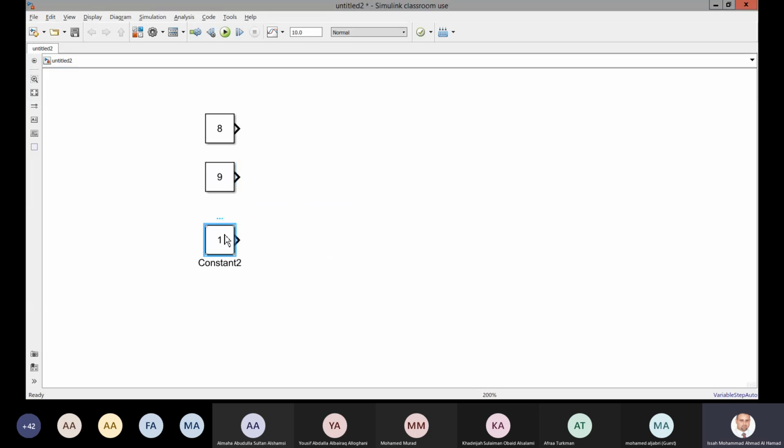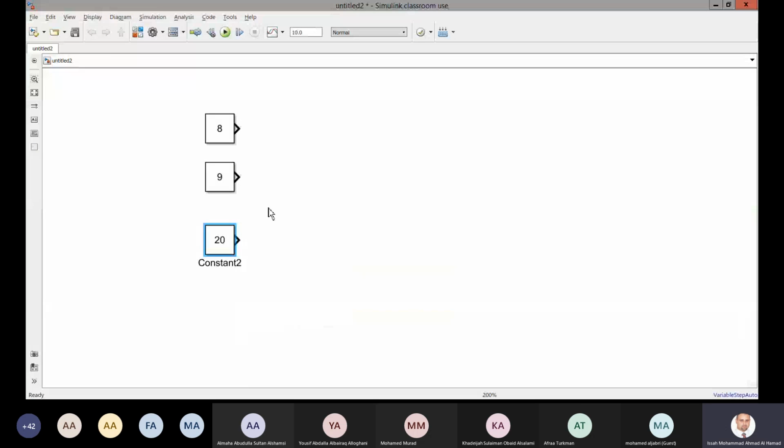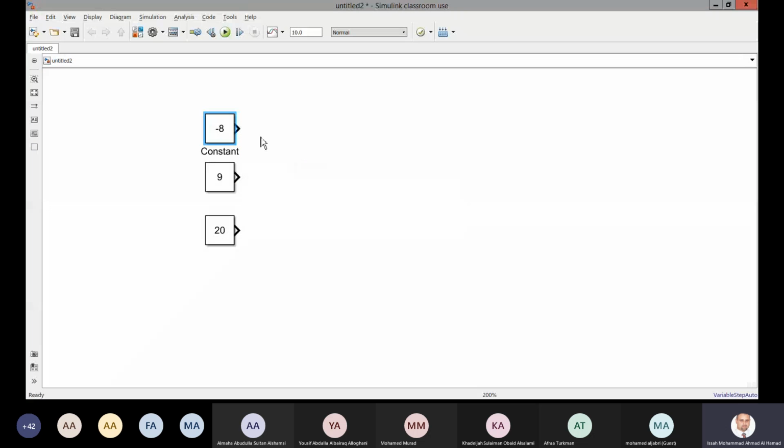And this can be 20. I need to add them together, so I use the summation. However, I need to take, for example, the absolute for this one first. Sorry, absolute of, let me make this minus 8. So I need to take the absolute first.